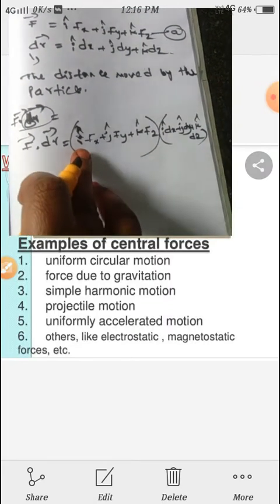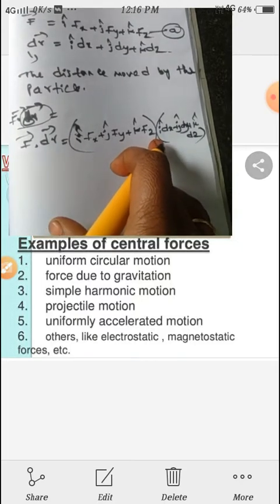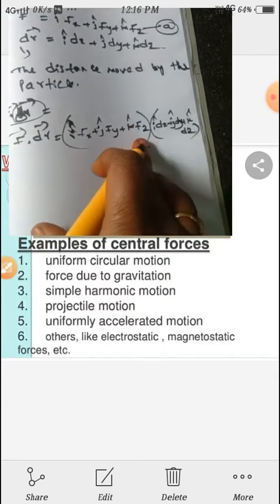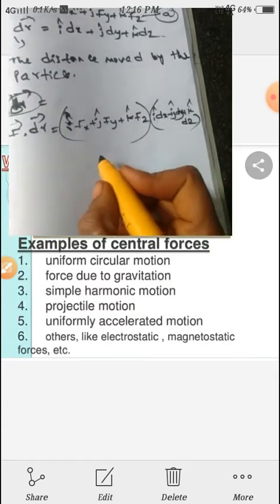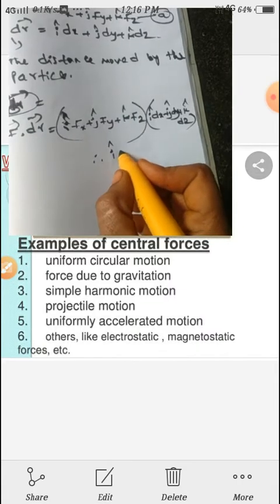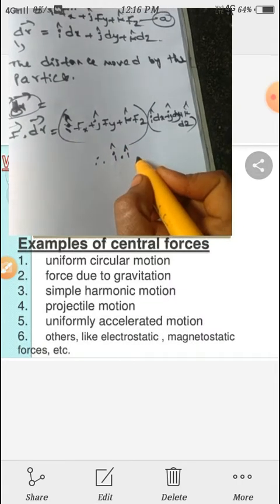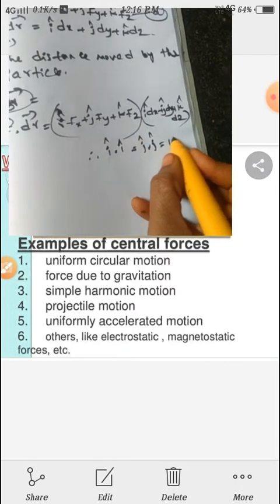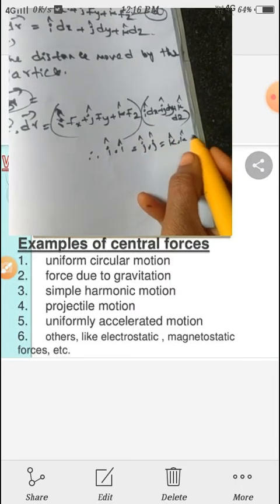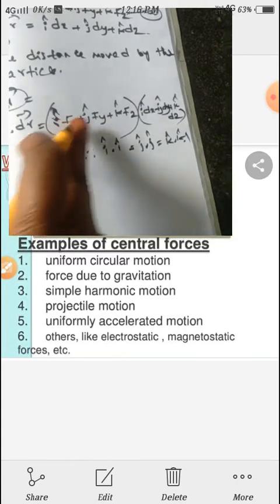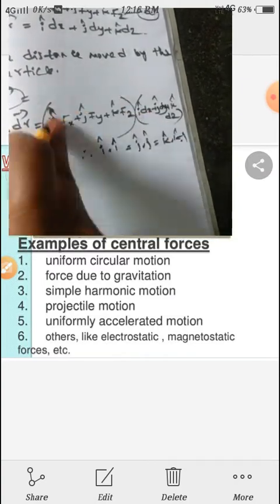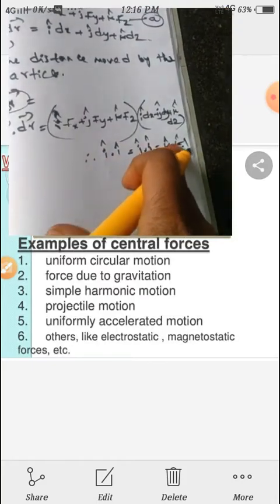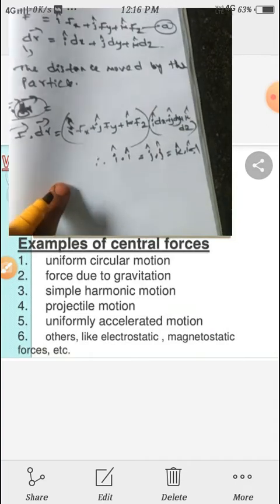Here i dot i, j dot j, k dot k are equal to 1. So i dot j, j dot k, k dot i are equal to 0. Only i dot i, j dot j, k dot k are equal to 1 in vector product formulas.